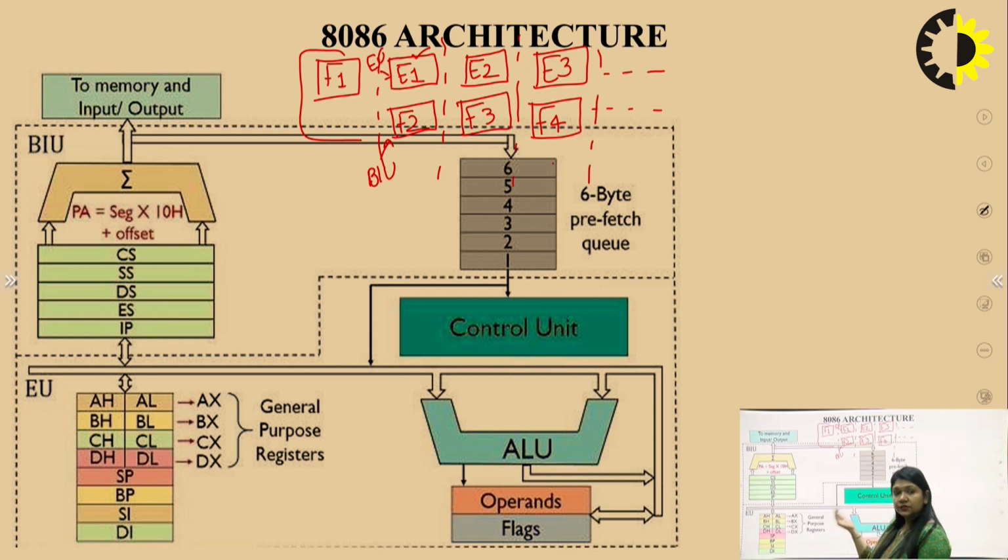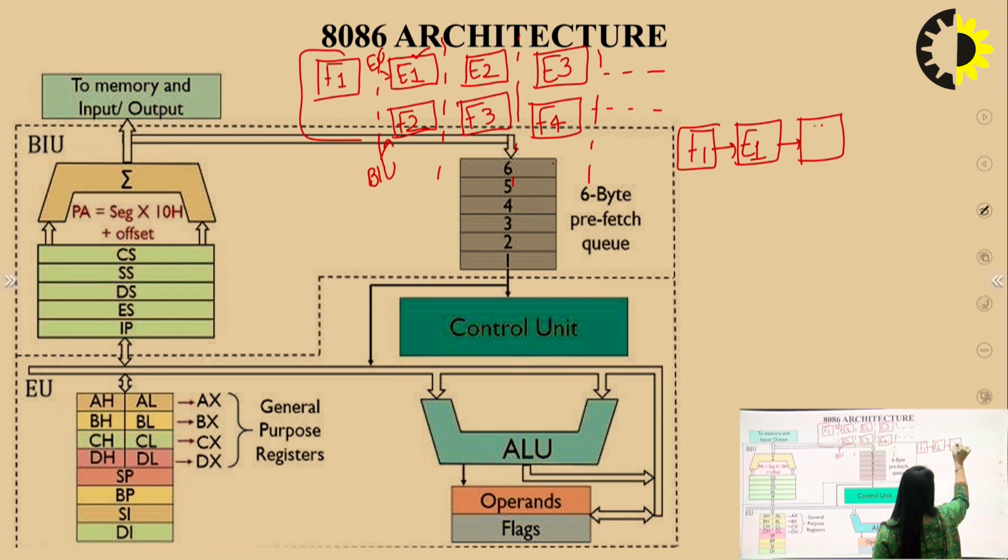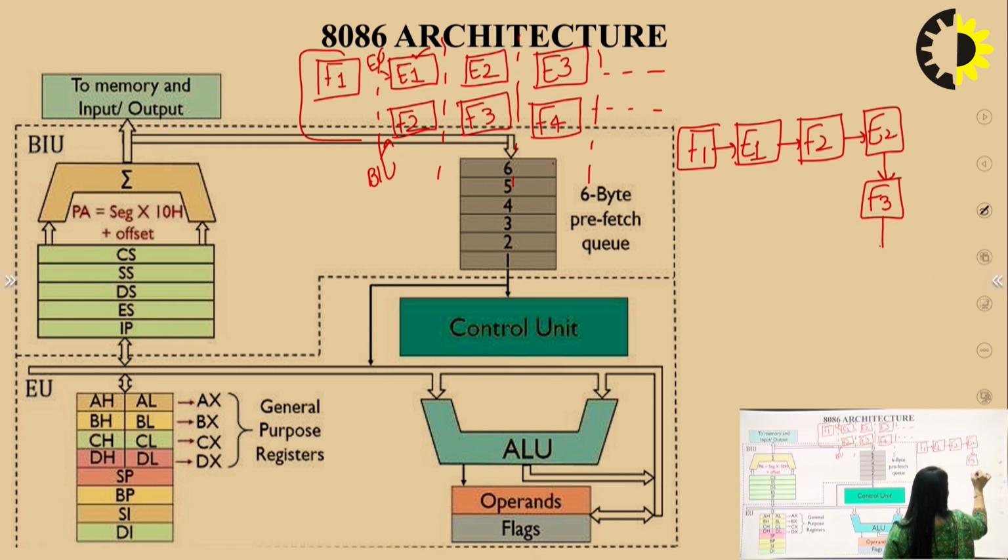Simple. In 8085, it was like this: the first instruction was fetched and then executed. When it was executed, the microprocessor was free. Then the second was fetched, after that it was executed, then the third was fetched and executed.